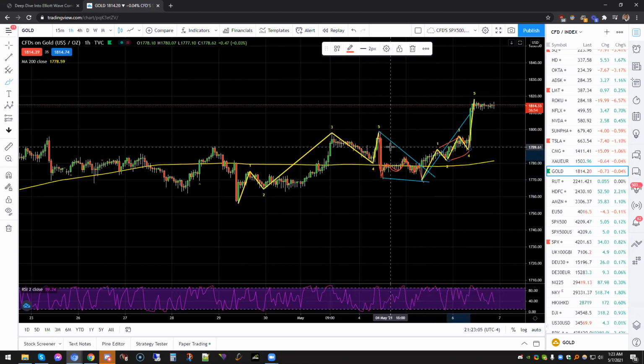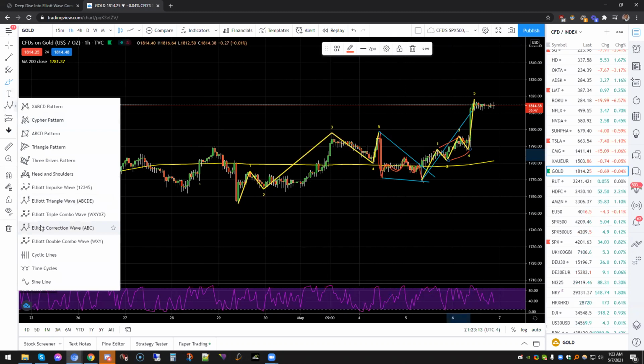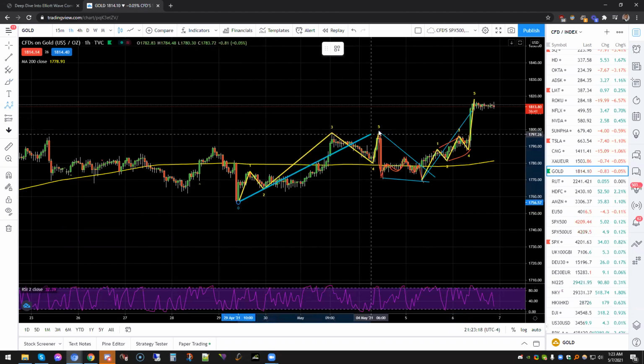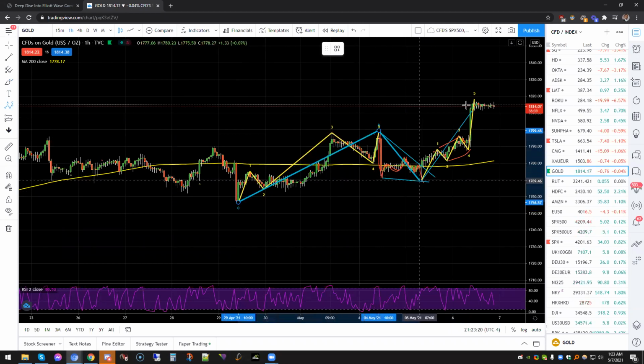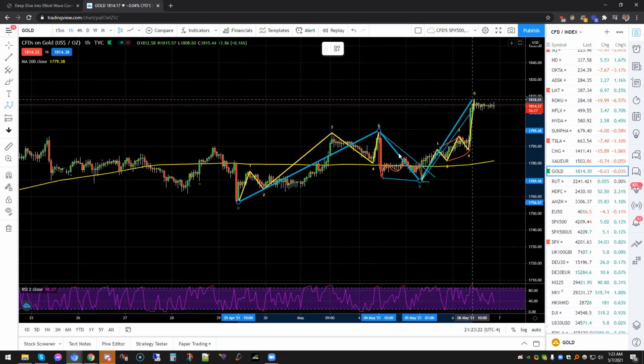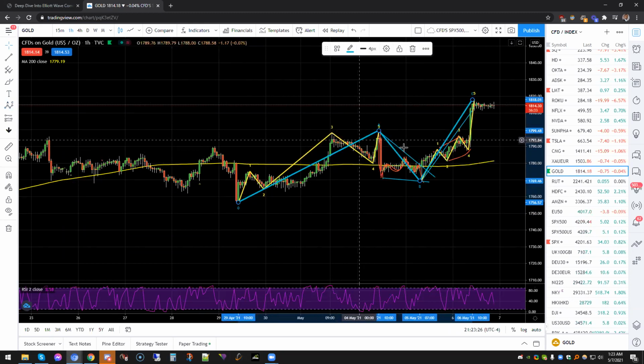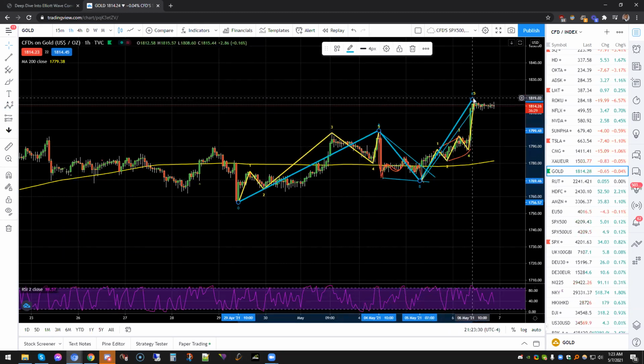Remember, the B wave could be any corrective formation. Okay, so if I had to label this, I could label this as ABC. I can say A, B, and this is C, like that. Okay, I got a 5-wave move here, I got a 3-wave move here, and I got another 5-wave move here.